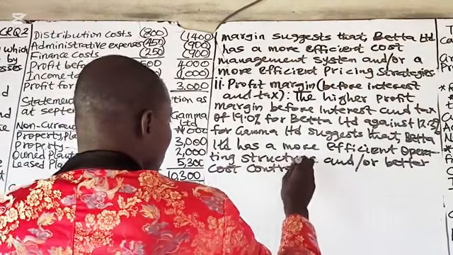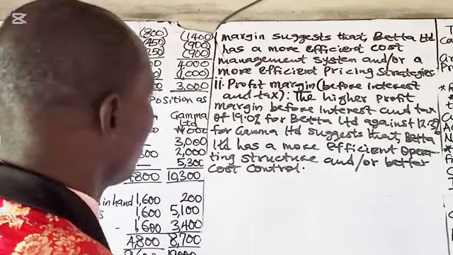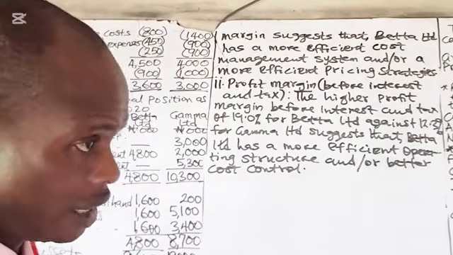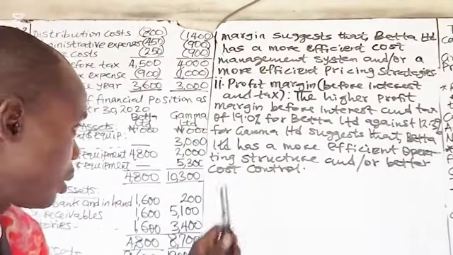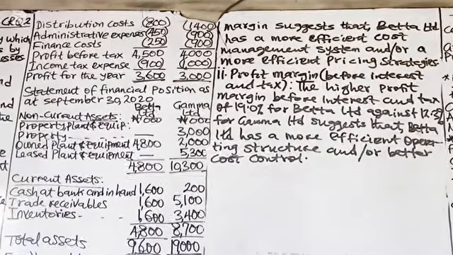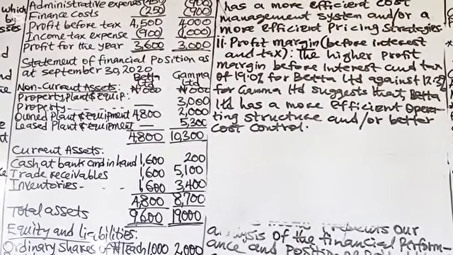It shows that the management of Beta Limited are better off in controlling their cost. That is the second ratio you are provided in this question.